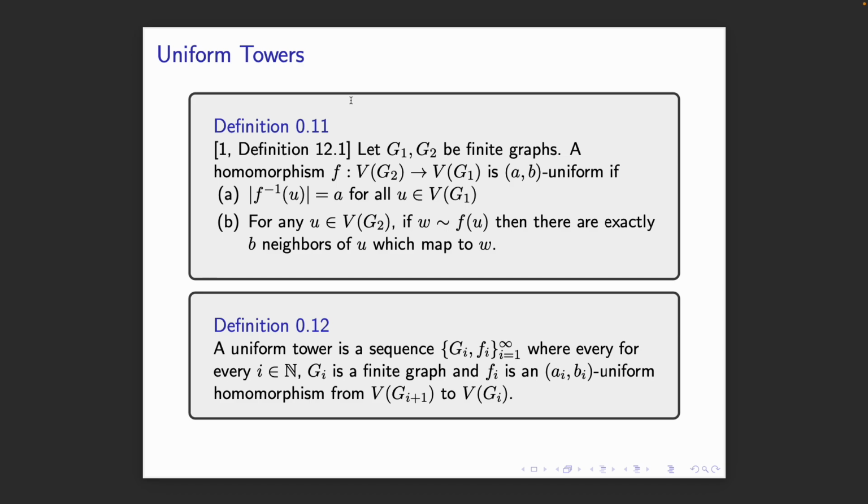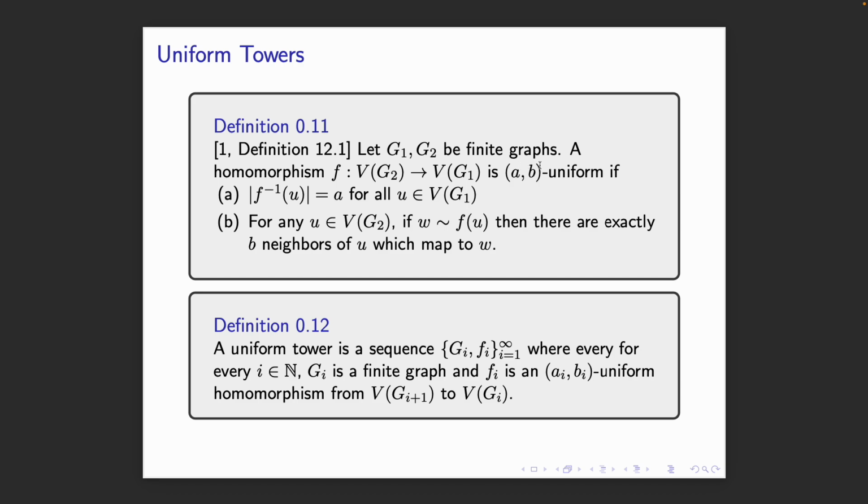Now, the framework for studying graph limits upon which the theory of Cayley graph sequences is based hinges on this idea of a uniform tower. So we have two finite graphs, and we have a homomorphism from the vertex set of the second graph to the vertex set of the first graph.